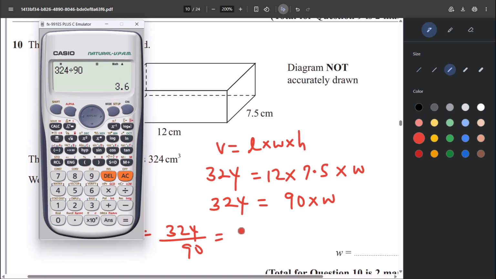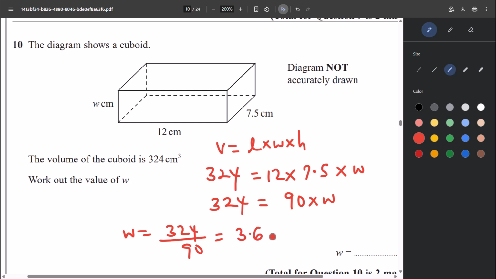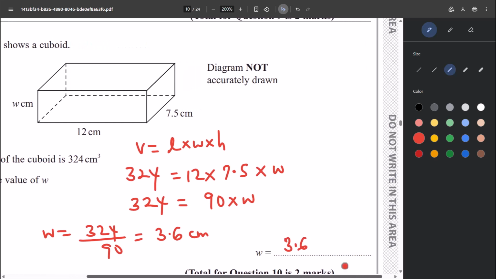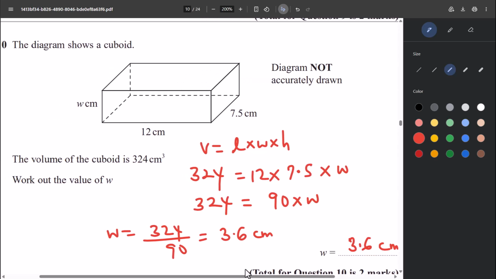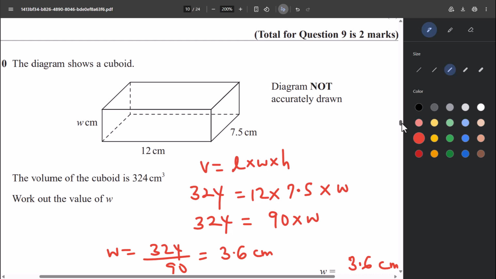You will get 3.6 centimeters. Okay, so W, the height, is 3.6. The unit is definitely going to be centimeters, just for you to note. Now that was question 10.